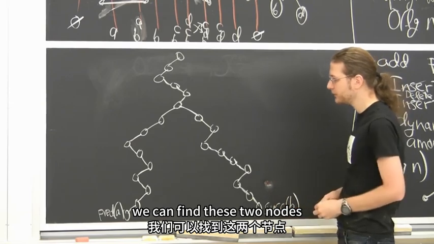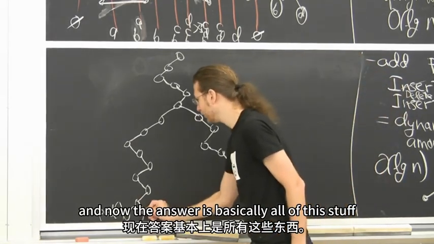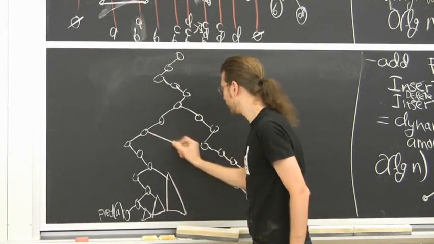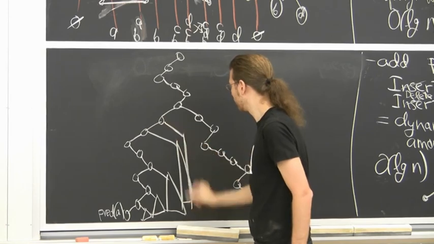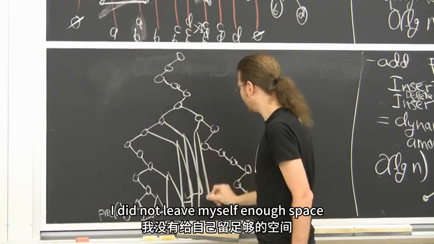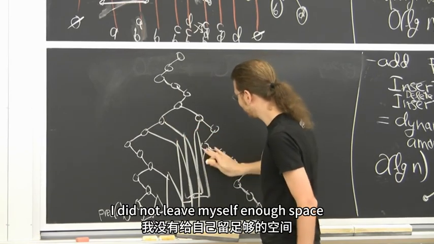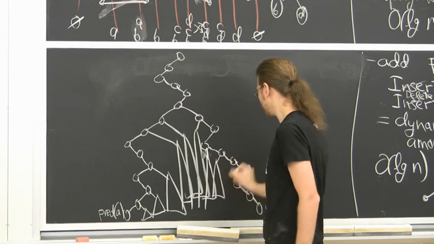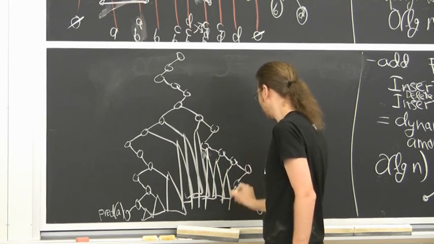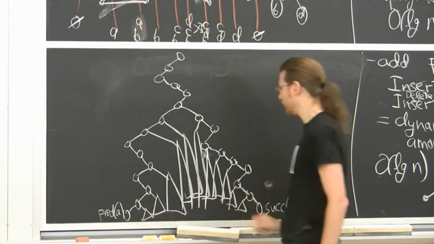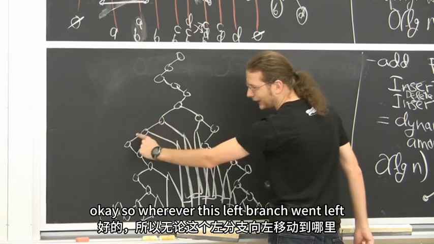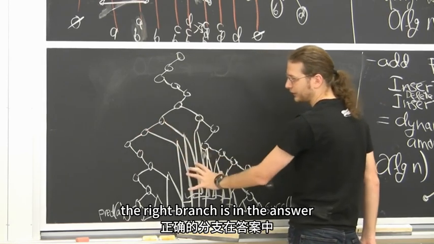We can find these 2 nodes. And now the answer is basically all of this stuff. I did not leave myself enough space. That's a left child. Okay, so wherever this left branch went left, the right branch is in the answer.